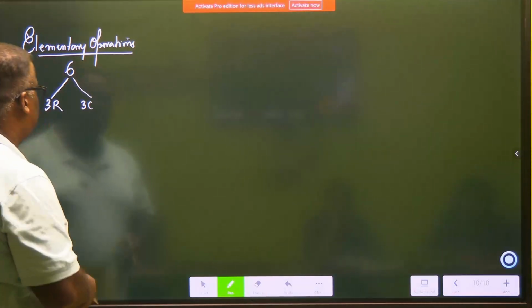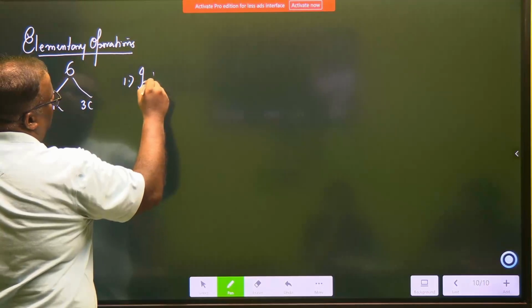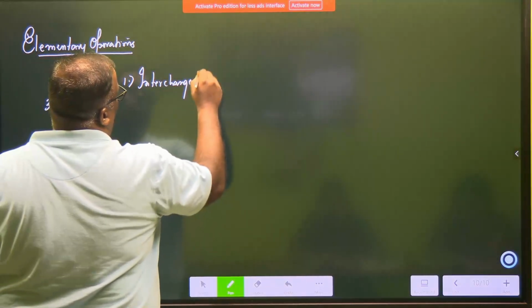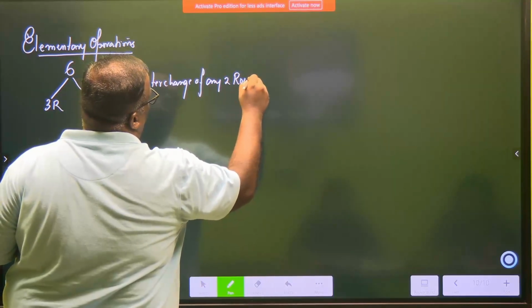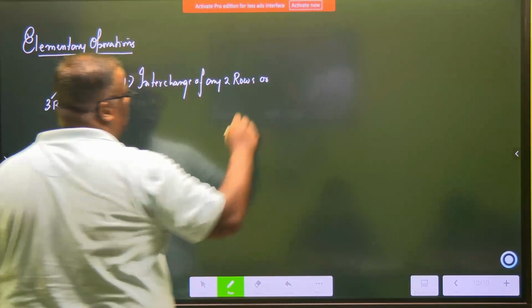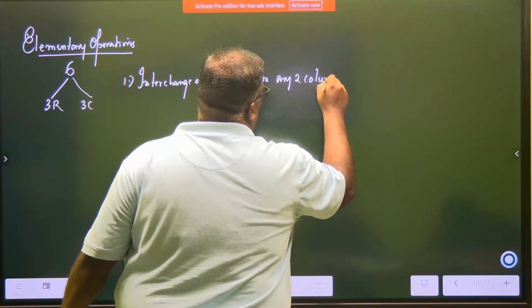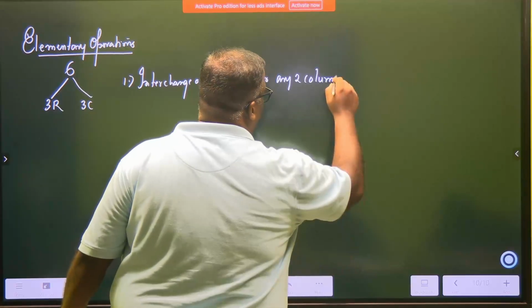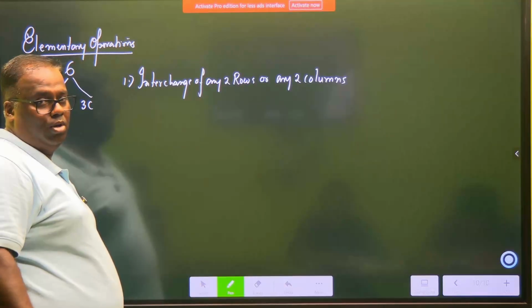The first one is known as interchange of any 2 rows or any 2 columns. Mind you children, columns interchange with columns, rows interchange with rows. You can't change a row and a column.